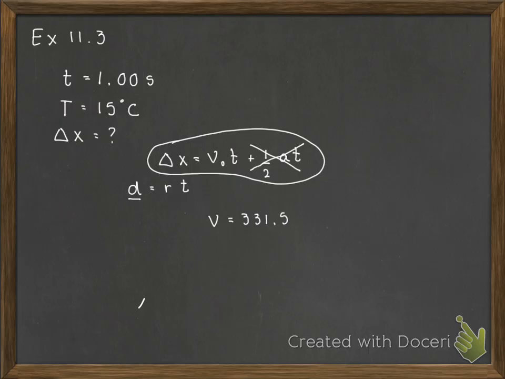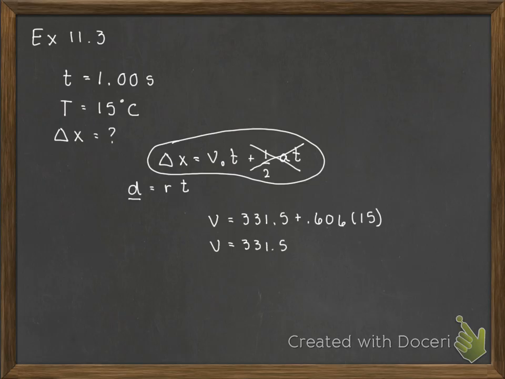331.5 plus 0.606 times our temperature. If we can figure out the velocity with which the thunder traveled, we can use that to figure out how far away the lightning was formed.